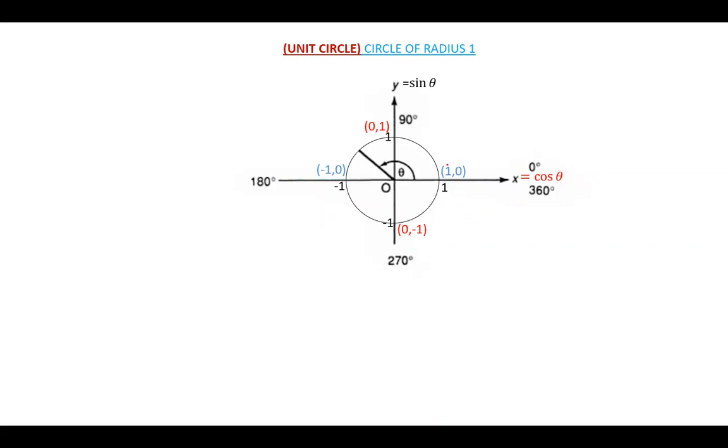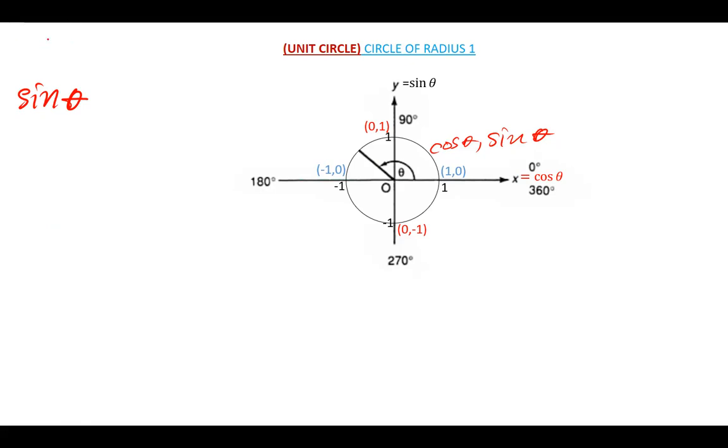So these coordinates are read as cos theta, sine theta. Now, if they ask you to find sine 0, this unit circle will help you to find some of the solutions for special angles.